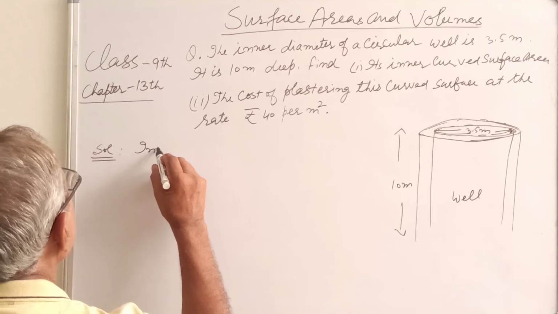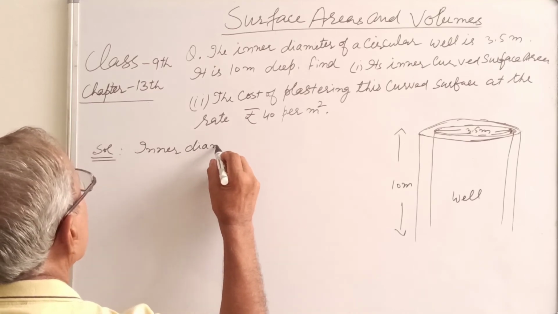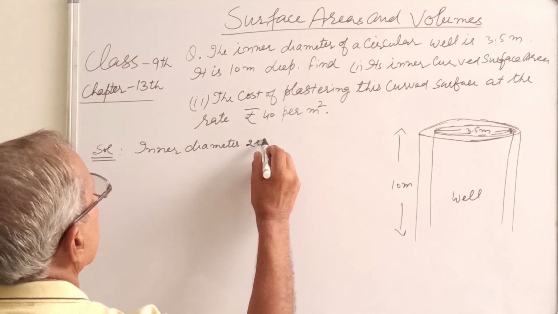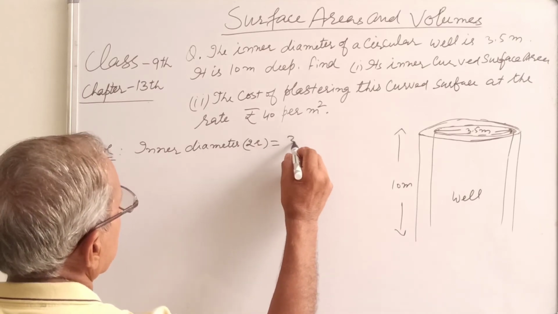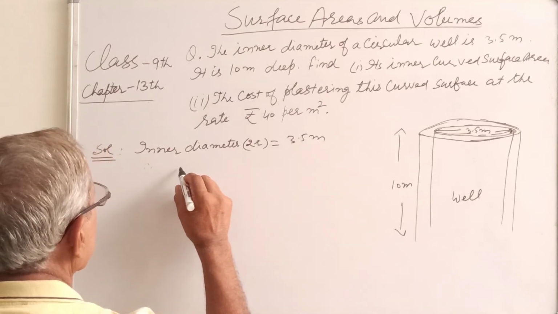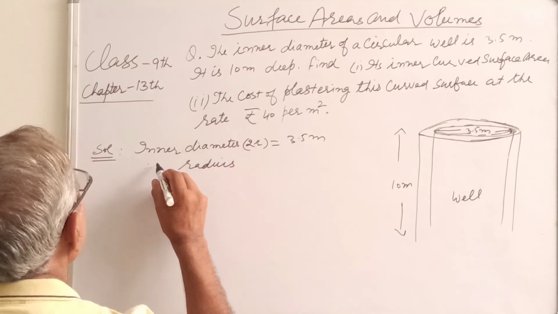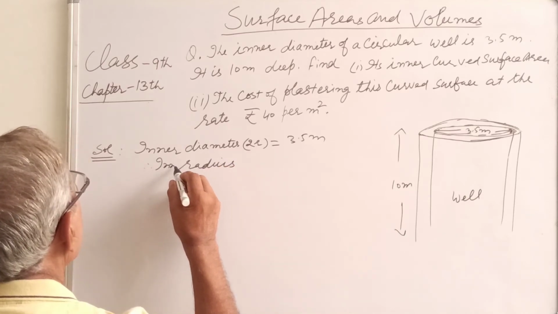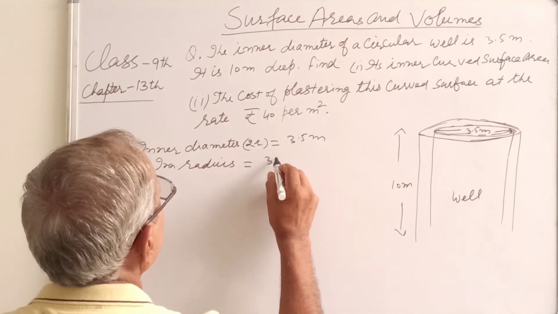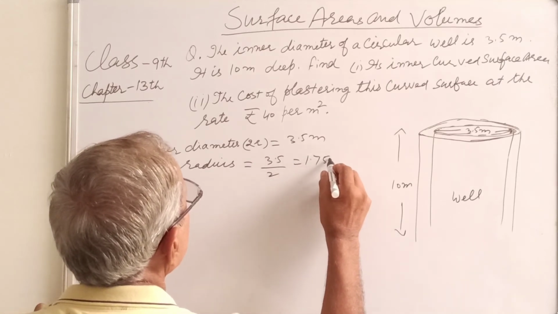Inner diameter is 3.5 meter. So therefore inner radius will be 3.5 divided by 2, 1.75 meter.